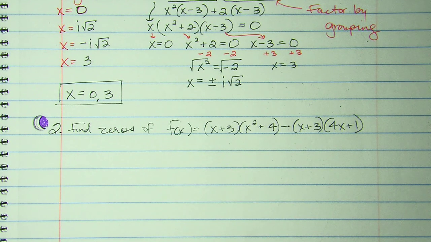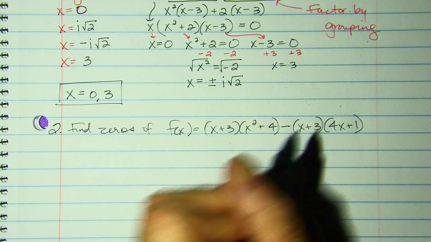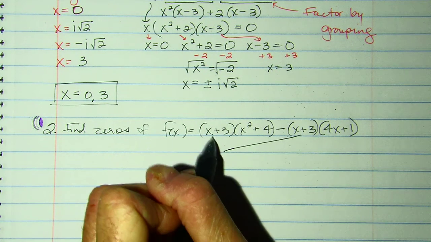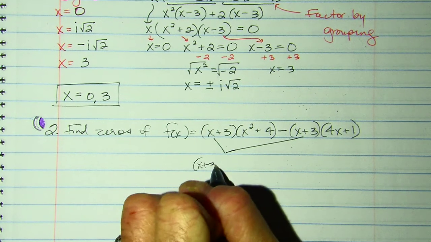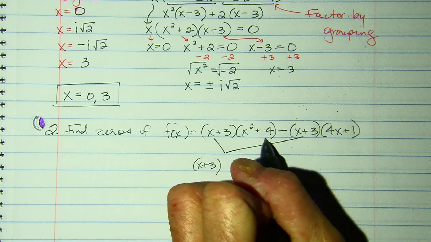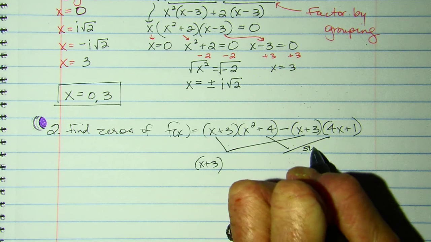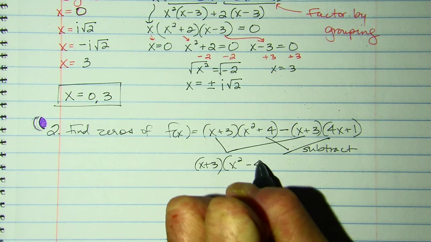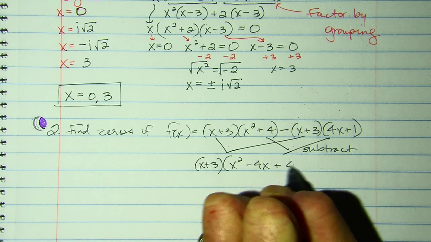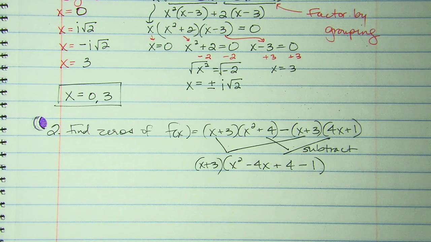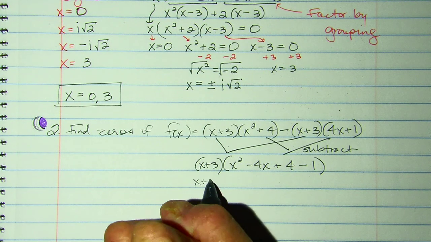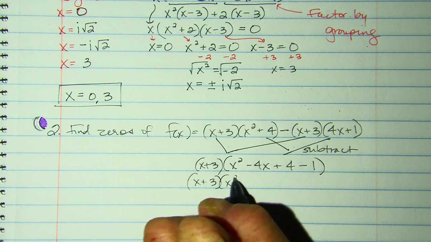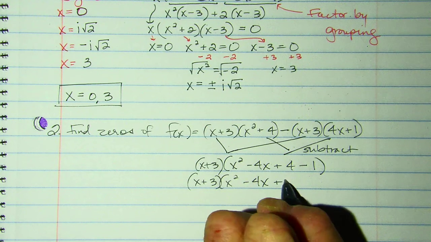This one is a little crazy, but I'm going to bring one of these x plus 3 factors down, and then I'm going to subtract these. So I get x squared minus 4x plus 4 minus 1. I'm going to simplify that. My factors are x plus 3 times x squared minus 4x plus 3.